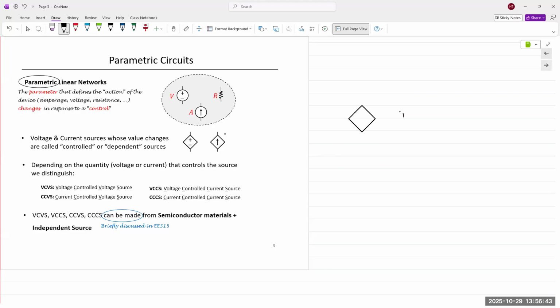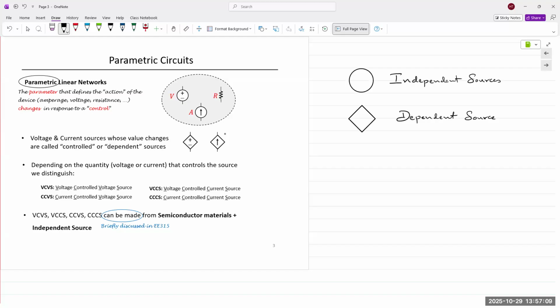This is the symbol for a dependent source. The circle indicates it's an independent source. So far we have only looked at independent sources, only circles.